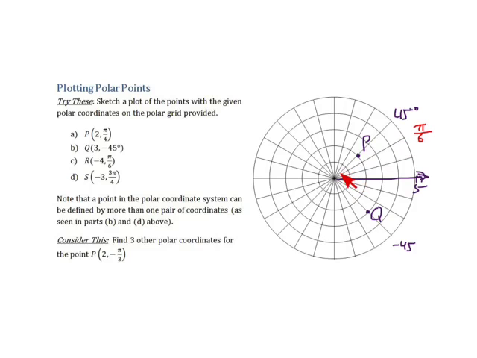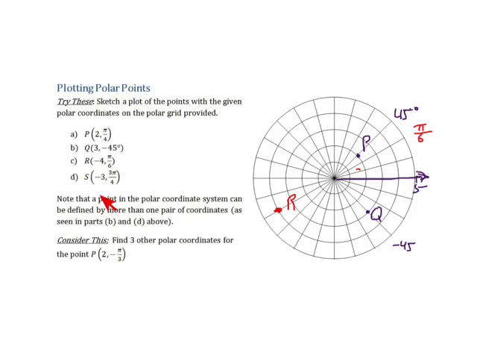So if we rotate and travel forward, that's going to be a positive direction. If we want to go backwards, that's going to be a negative direction. So to get negative 4, we're going to go up to pi over 6, and we're going to travel back 4 units, and we'll be right back here. And so we'll plot this point right there. And that would be the point R.